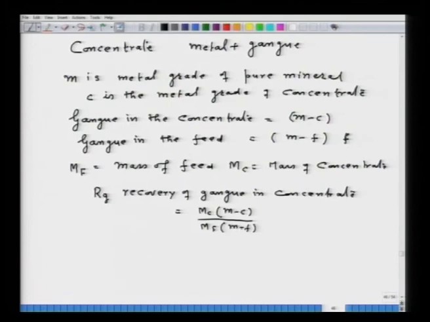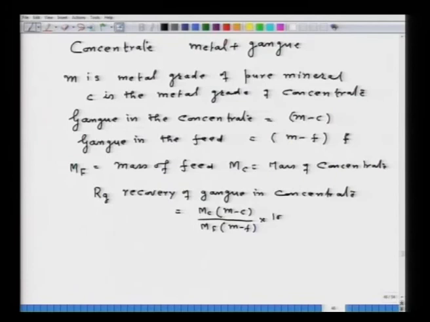That point should be clear. That is what is most important for the evaluation of the concentrate, its quality and its separation efficiency. So, recovery of gangue in the concentrate is equal to that into 100.